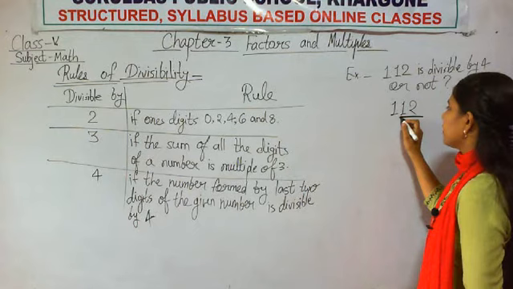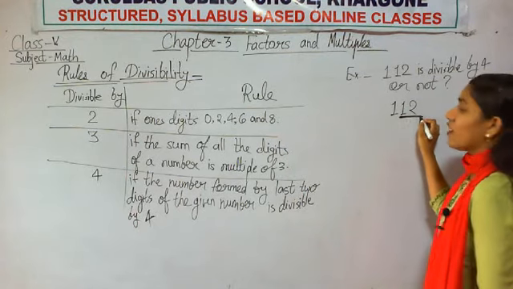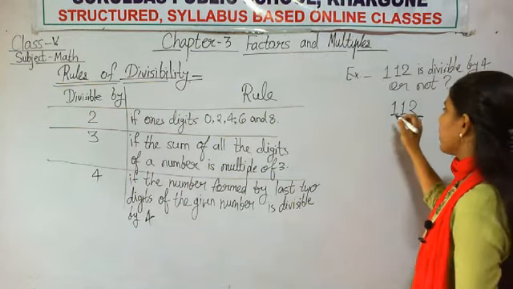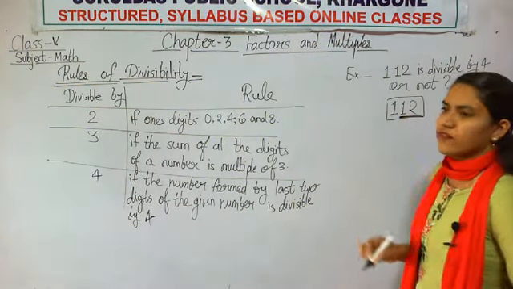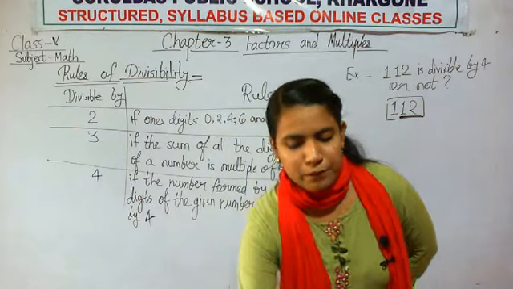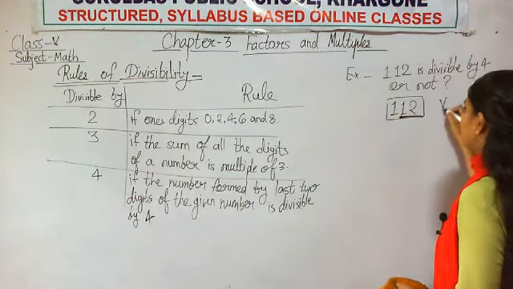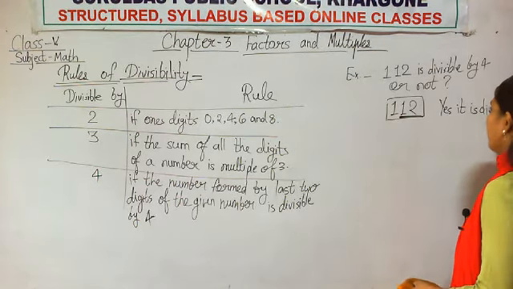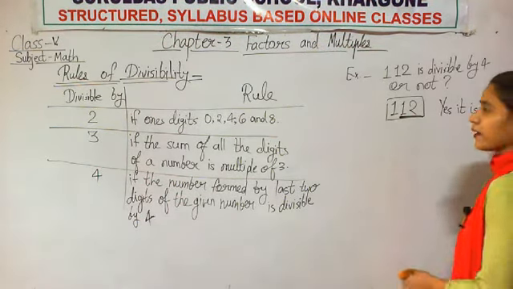So here observe that the last two digits are 12, and 12 is divisible by 4. Thus you can conclude that yes, 112 is divisible by 4.